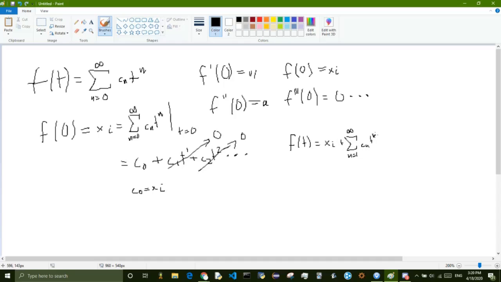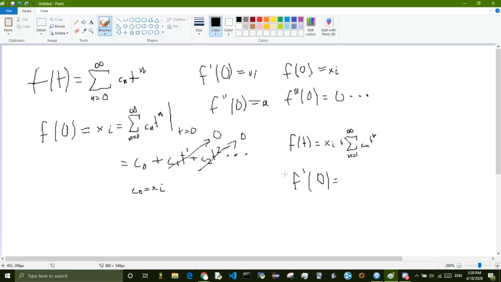T to the n, right? Now we have this, we can take its first derivative and continue to plug in these terms. So you take the first derivative, and xi drops out because it's simply constant. I'm doing all these steps at once, by the way. I'm taking the derivative and plugging in 0. First of all, take the derivative inside and then evaluate it at 0 on the outside. So the derivative of xi is 0.